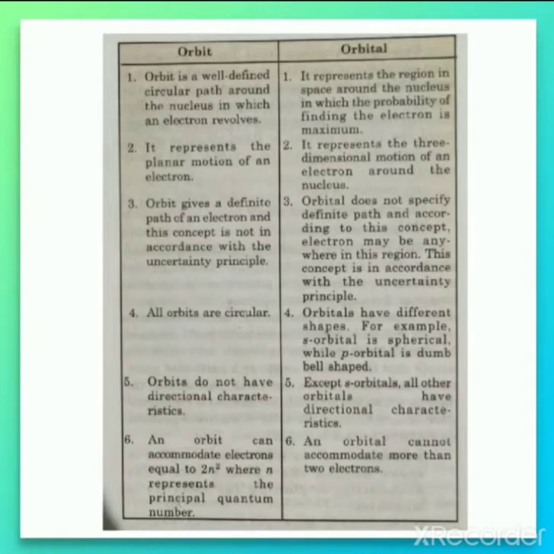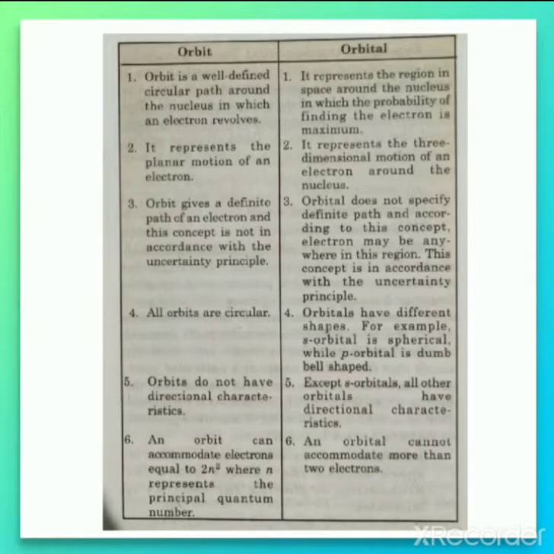But orbital is the region in space around the nucleus where the probability of finding the electron is maximum. So orbit is a well-defined path, but orbital is a region around the nucleus where the probability of finding the electron is maximum. That is the difference between these two.